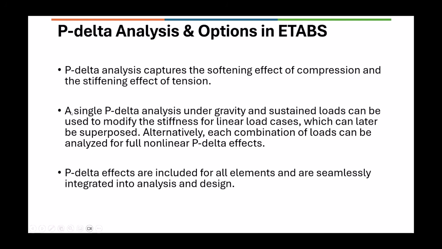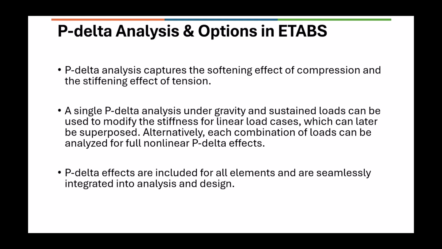So we have been doing this single P-delta analysis under gravity and sustained loads, which can be used to modify the stiffness for the linear load cases, which can later be superimposed. So it's the very simplest way, and we have been doing this for the IS 1893 code, where the factors and load combinations are not explicitly explained in the code.